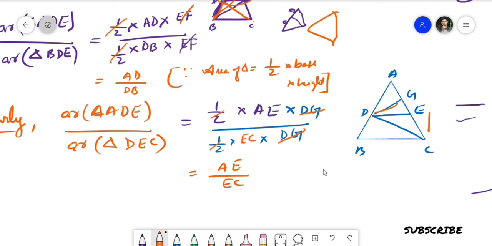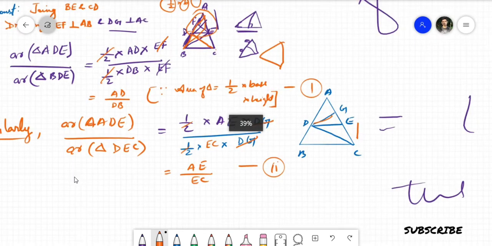So we can do one thing. We can give this one as equation 1, and this one is equation number 2. I hope this makes sense. Now we have proved this both sides, this side also and another side also, but now we need to prove in a triangle.